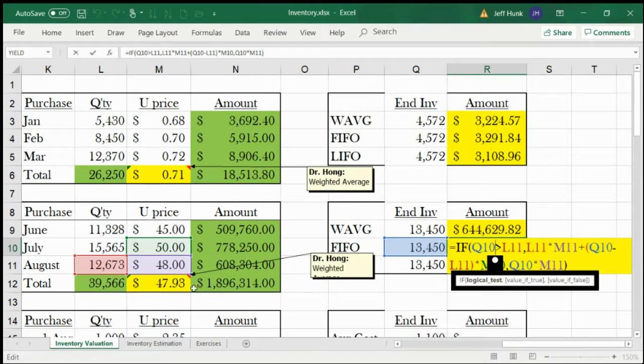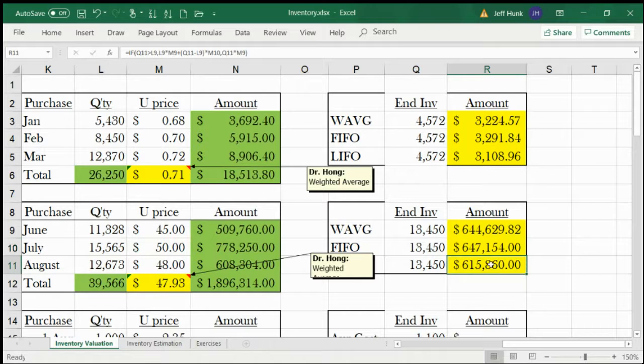Otherwise, if that's not the case, you simply multiply this by this. But of course, Excel will execute this part, because this is the part that applies in this example.